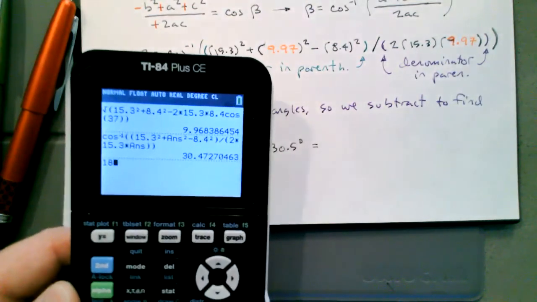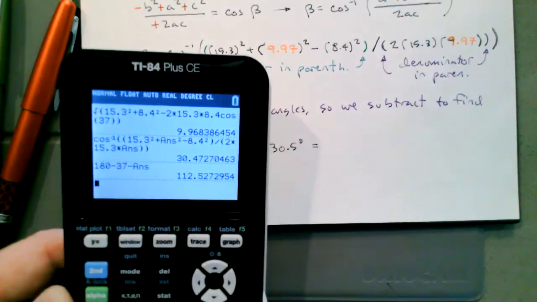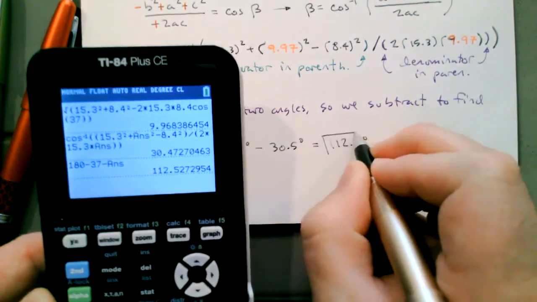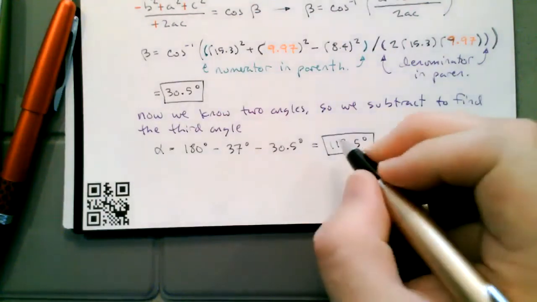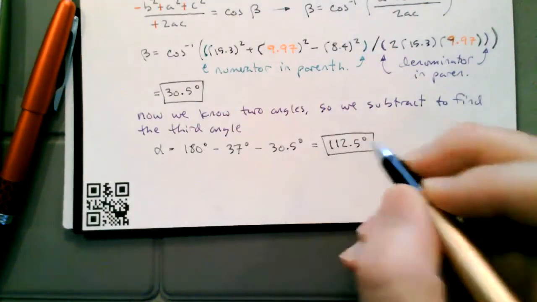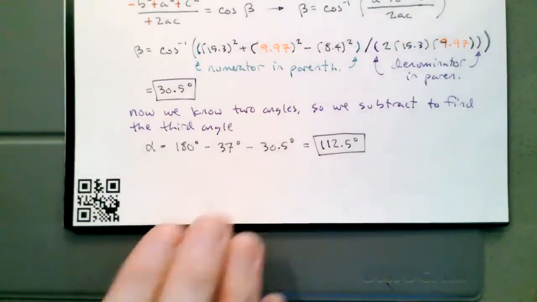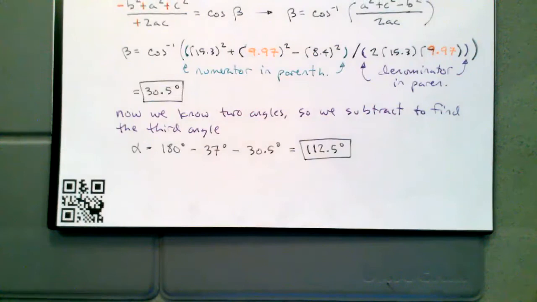So 180 minus 37 minus the one that I just found: 112.5. Any questions?